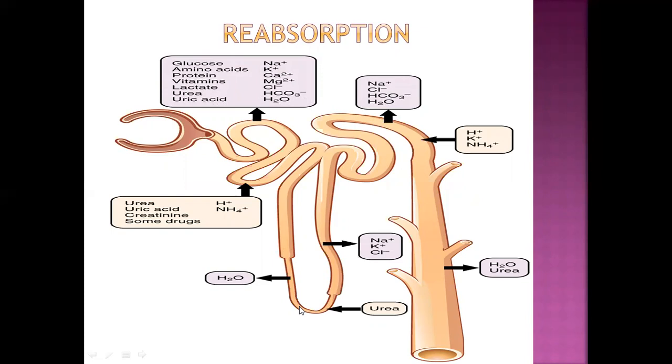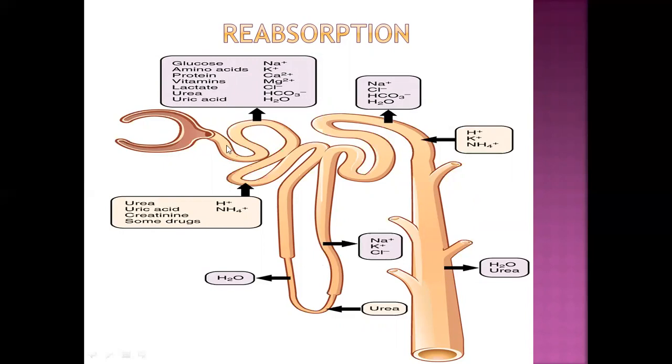And the ascending loop of Henle, the other portion of the loop of Henle, is impermeable to water and permeable to other solutes and salts.